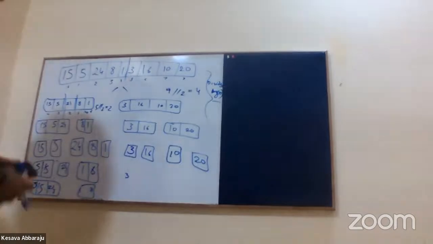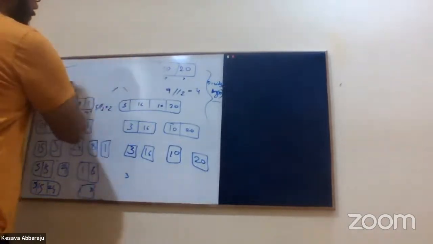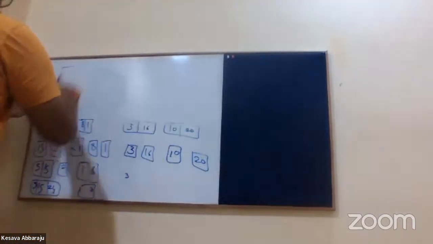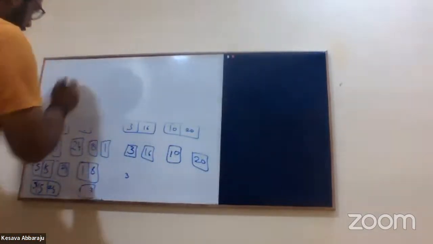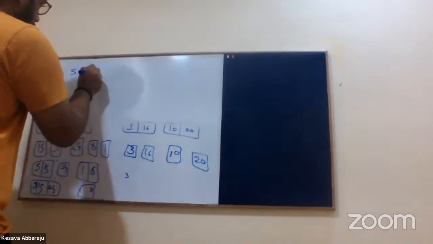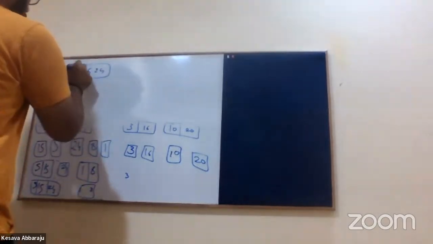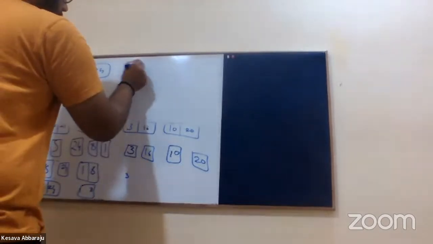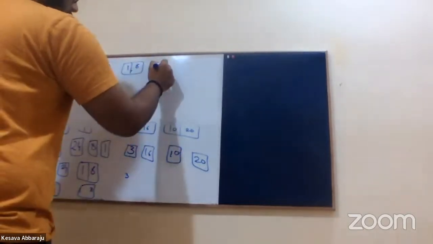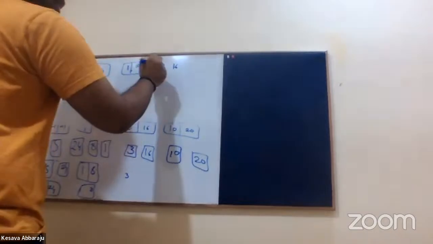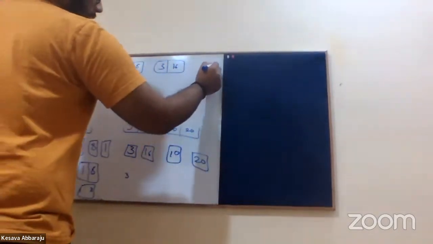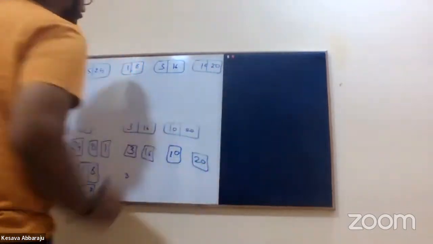Now we have 5, 15, 24 and 1, 8 in another sublist, and we have 3, 16 in one sublist, and 10, 20 in another sublist.